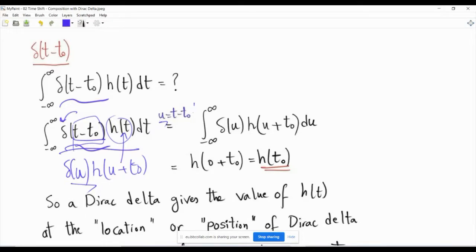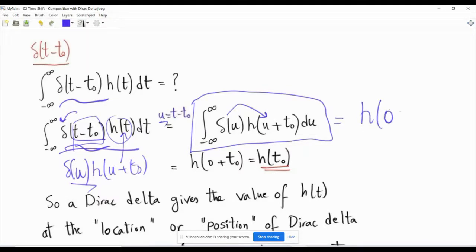Okay, now we know that the Dirac delta, if you give it a function, gives you the value of the function evaluated at the origin. So the result of this quote unquote integral will be h of 0 plus t0, which is h of t0.